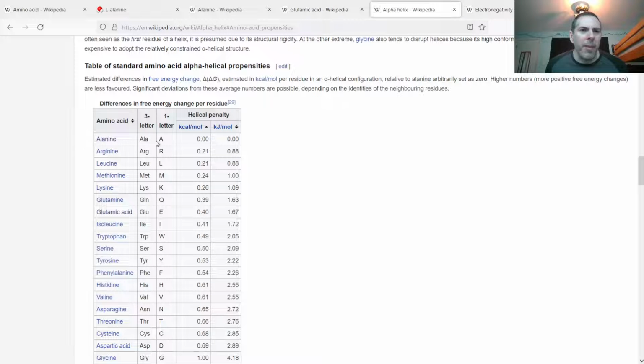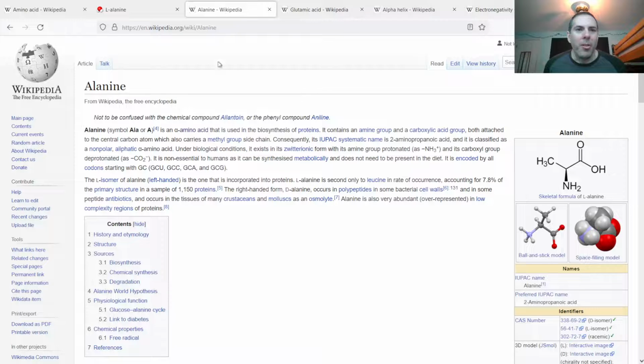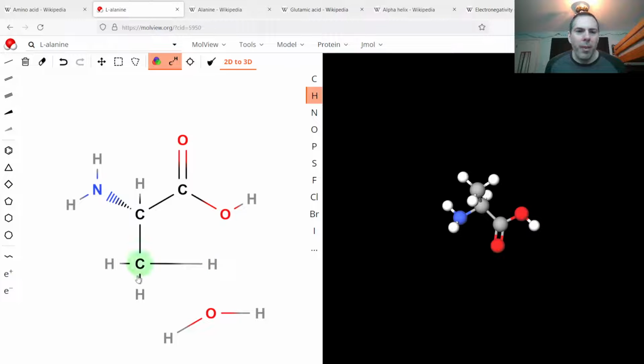I think that might be somewhat useful for the alpha helix to not have too much charge on the outside. I guess maybe that's not true. Some of these are charged here. But you'll definitely form, when you have a protein folding up, the tertiary structure is going to be how it folds.